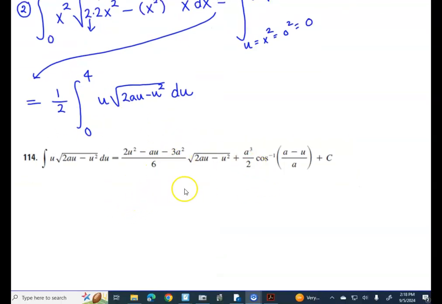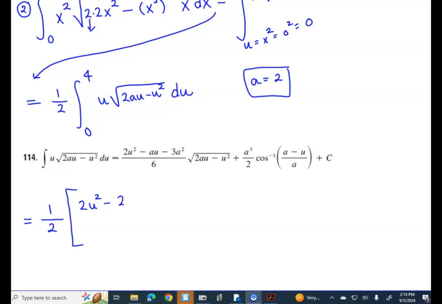Okay, so now let's substitute everything that we've had so far. So now we have 1/2 times 2u squared minus a, which we know is equal to 2. So that's minus 2u, minus 3 times 2 squared, which is 4.